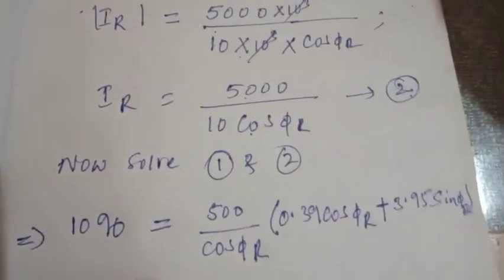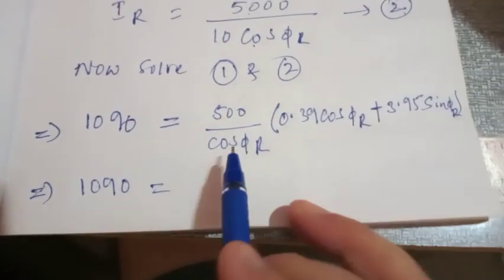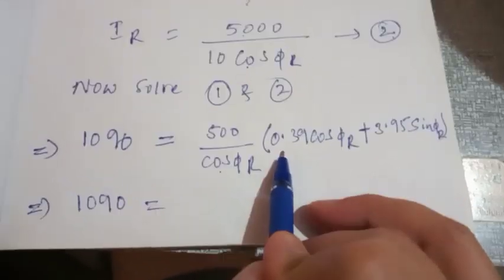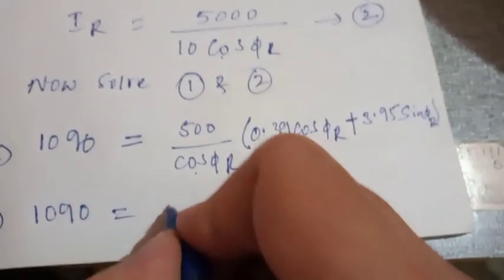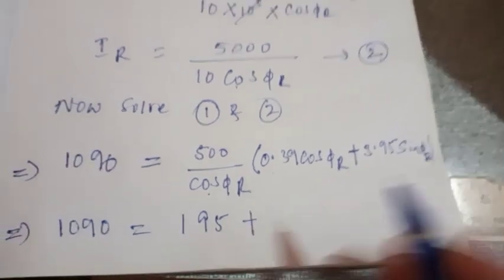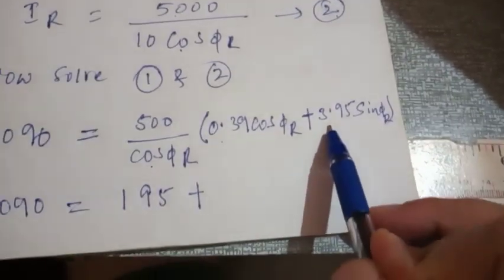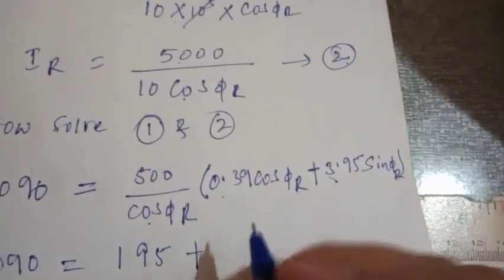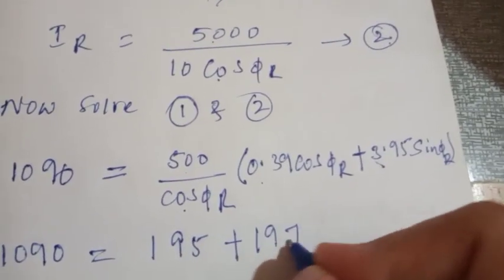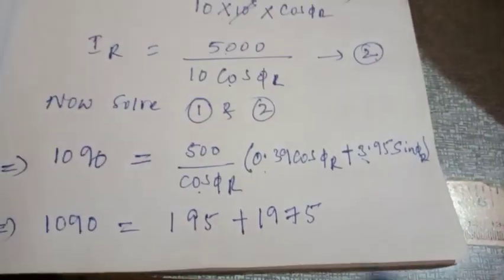Now this reduces like this. 1090 is equal to, cos phi r cancels, 500 into 0.39, which is 195, plus 500 into 3.95, which is 1975, sin phi divided by cos phi r.